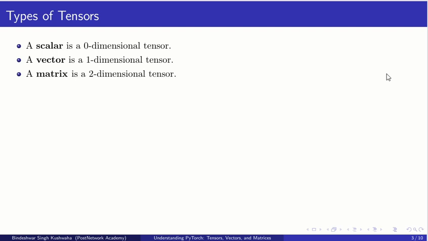You can think of a tensor as a list of values: if there is one value, it is a zero-dimensional tensor, and many values in a list or fixed array is a one-dimensional tensor. So a tensor is nothing but a generalized form of vector and matrix.